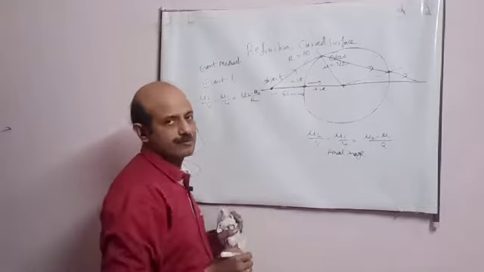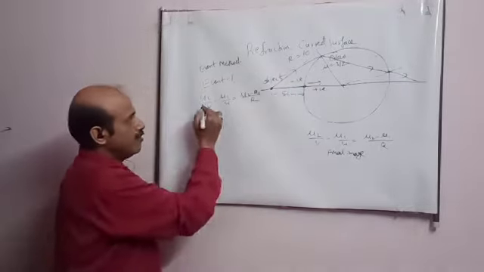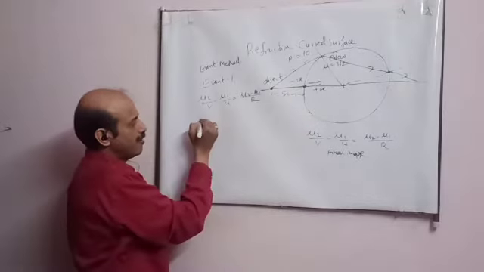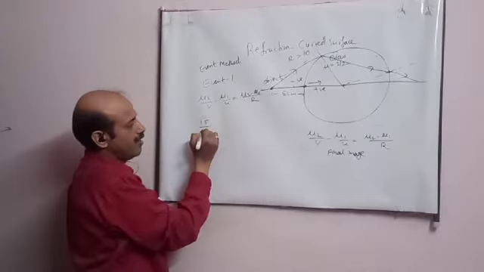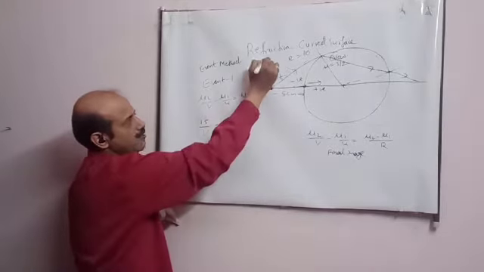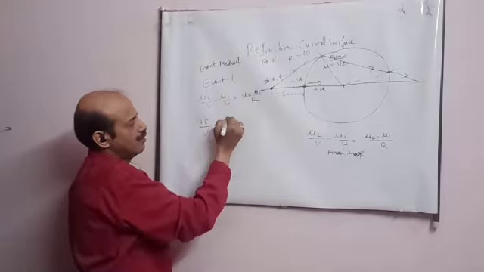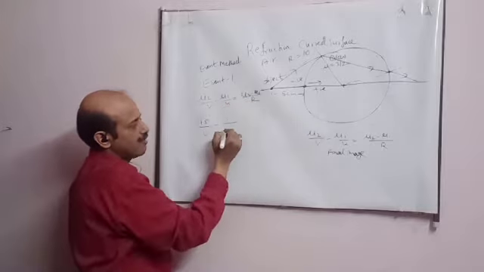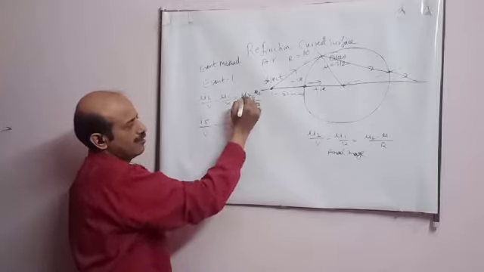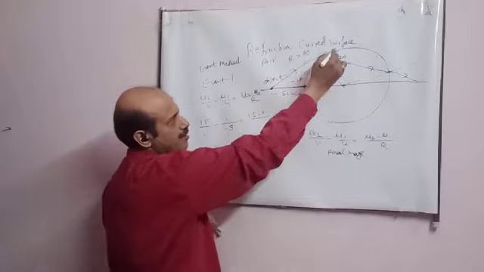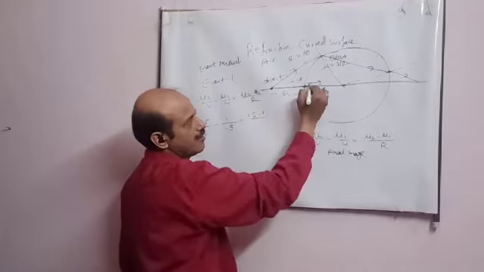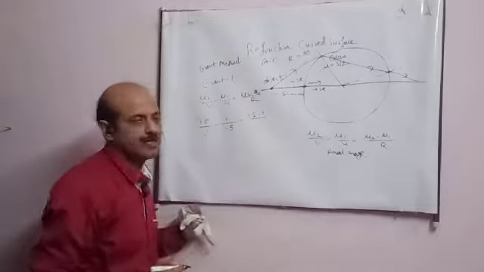This is the origin, student. Now mu2 is 3 upon 2, 1.5. V I have to find out. Minus mu1, which is air, 1. u is minus 5. mu2 minus mu1 is 1.5 upon R. The radius of curvature for this is given as 10. So this side is positive, so I will take R as plus 10.